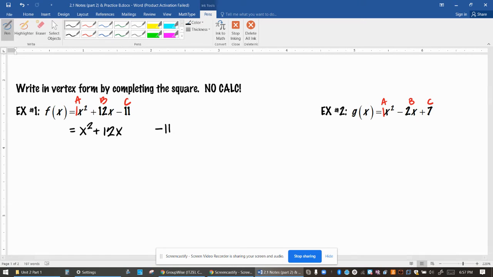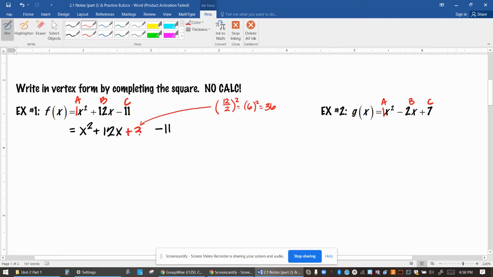Now, we're going to work a little bit of magic. We are going to use half of B and square it to create a trinomial that could be factored into two of the same binomials. So I'm going to take half of B. Remember, the B term is the 12. Half of B and square it. So half of 12 is 6, and 6 squared is 36.